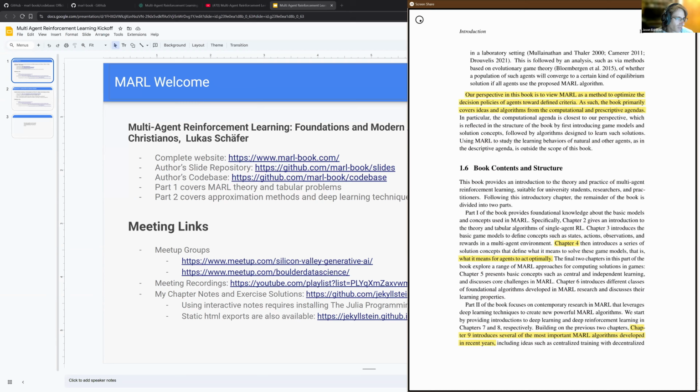The book, as I said, is more focused on optimizing decision problems, finding an optimal policy like we do in single agent RL, the meaning of which is more complicated in the multi-agent problem. But we will touch a little bit on some of these other approaches.